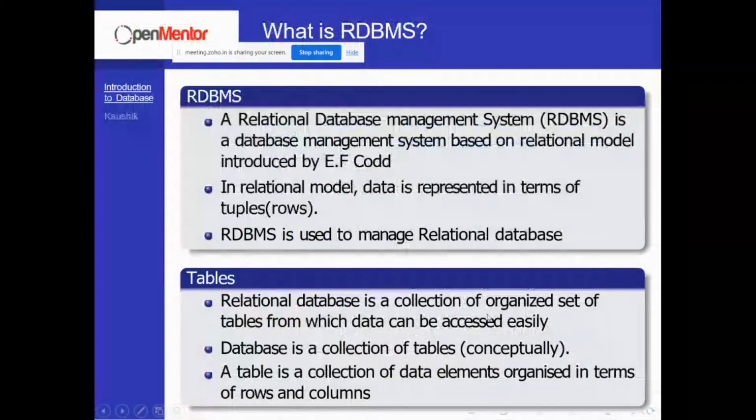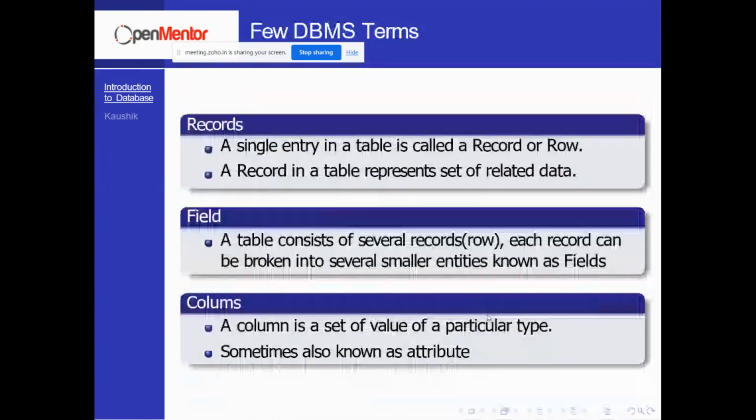A table is a collection of organized data which can be accessed easily. A database is a collection of tables. So under one database, there will be several tables. A table is a collection of data elements organized in terms of rows and columns. A single entity in a table is called a record or a row, also called a tuple.